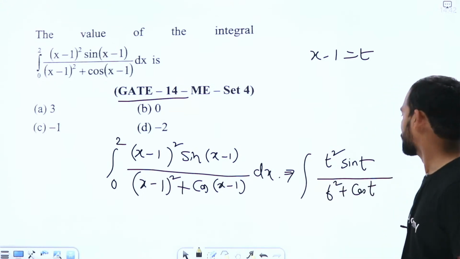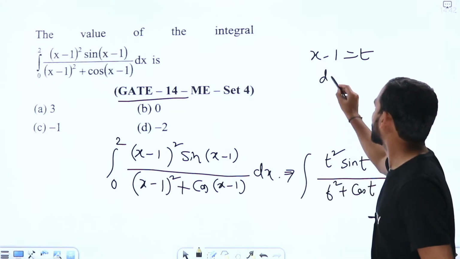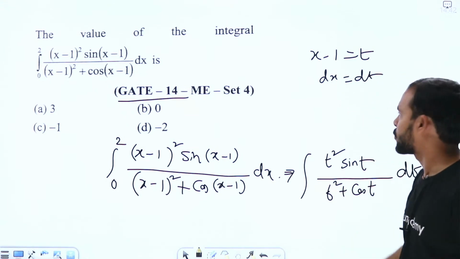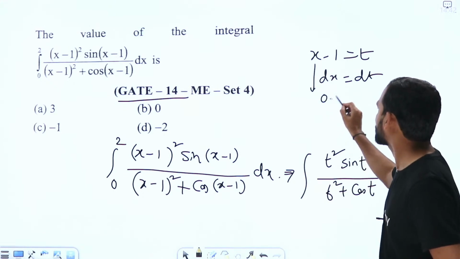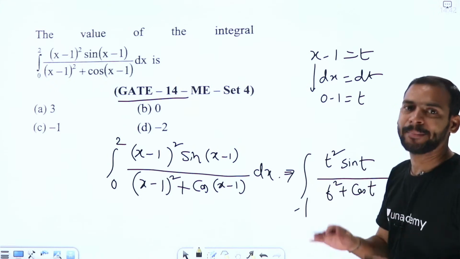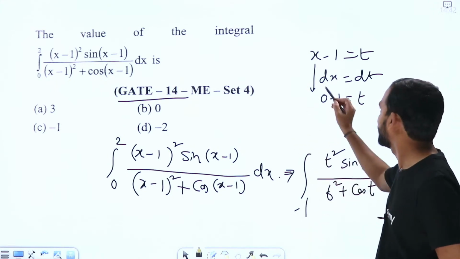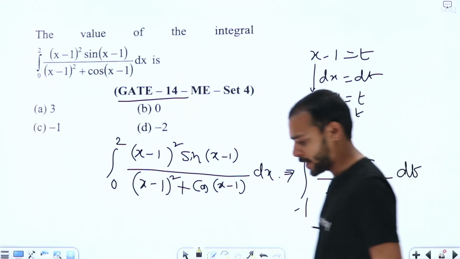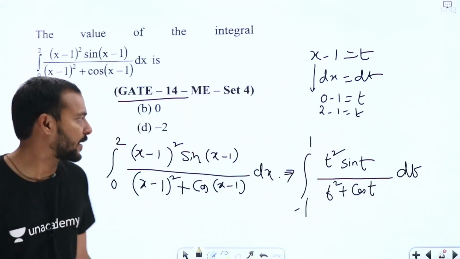If I take the derivative, dx equals dt, so this will be dt. Now apply the limits: 0 minus 1 equals t, which means for 0 the corresponding t limit is going to be minus 1. Similarly 2 minus 1 is going to be 1, so that is the upper limit for t, right?